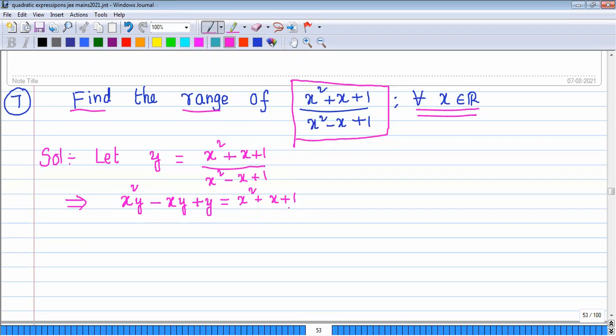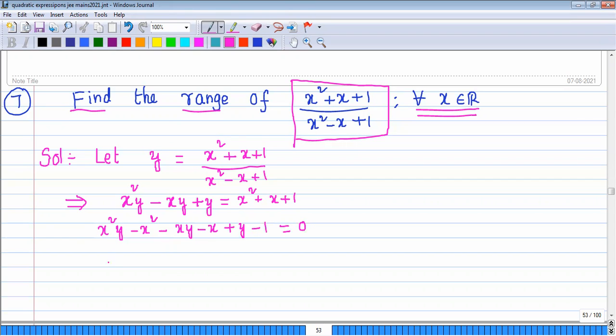You bring x square and x plus 1 to the left hand side, you get x square y minus x square minus xy minus x plus y minus 1 equals 0.